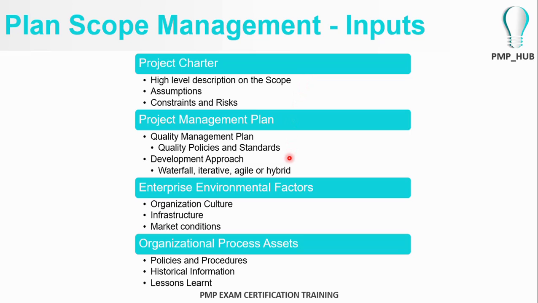Other elements of the project management plan which we have not yet discussed, that are a very important input for the plan scope management process, will be the quality management plan, because quality has a direct dependency or direct impact on the scope of the project.